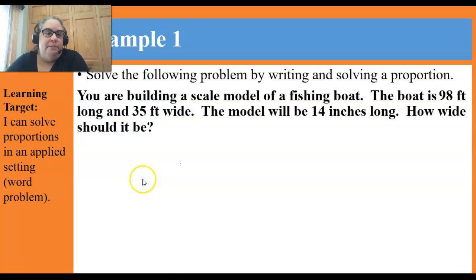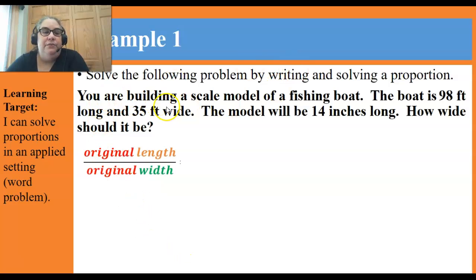I always start by focusing in on my labels. For instance, the original information that they gave us was length and width, so that's how I'm going to set up my original proportion. Write the ratio just in the order that you get your information from. So we have original length to original width.